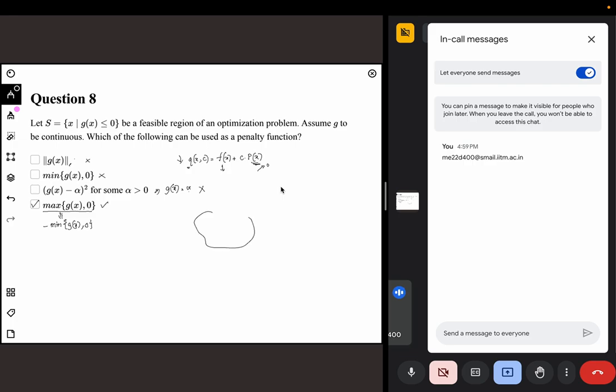This is my feasible region, g of x less than or equal to 0. Whenever I'm in this region, I need to have p of x equal to 0. Whenever I go outside the region, I need to get mod g of x into that picture.